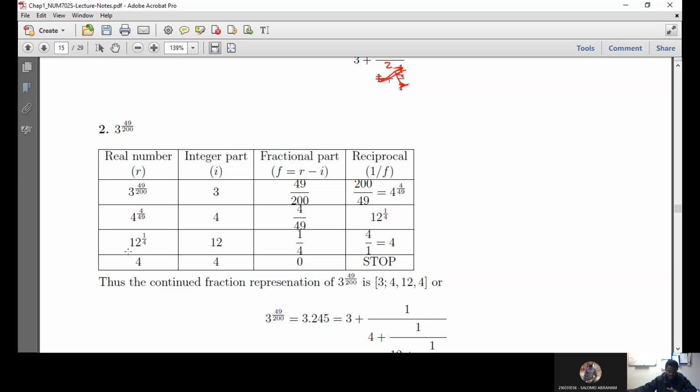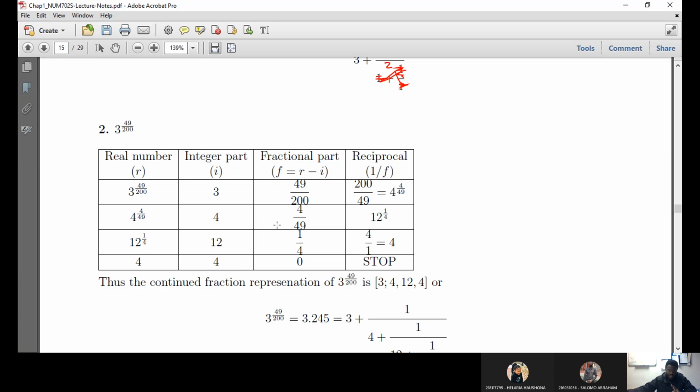So we take back the integer part, and then we take the reciprocal. Once the reciprocal gives you an integer, you are sure that you'll be stopping after that. So we take the 4 there, we repeat, because you can see that here the fractional part is 0. Once the fractional part is 0, we stop.